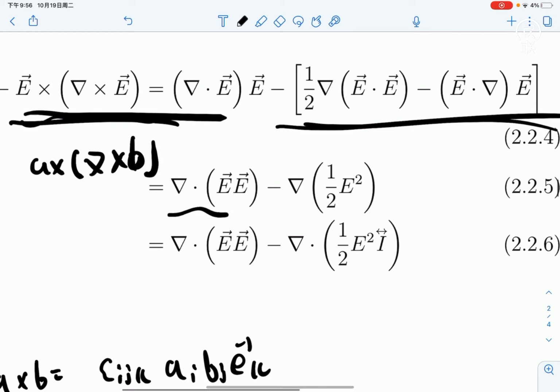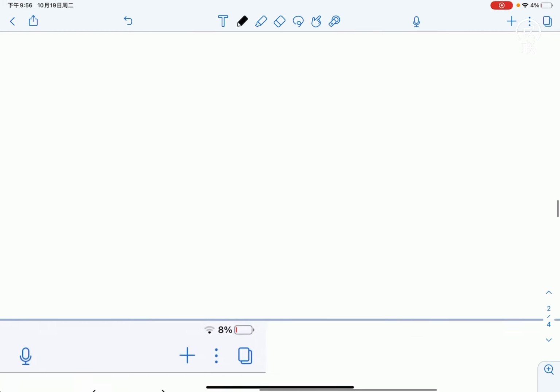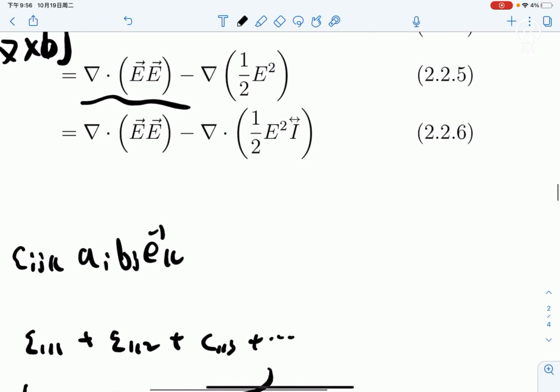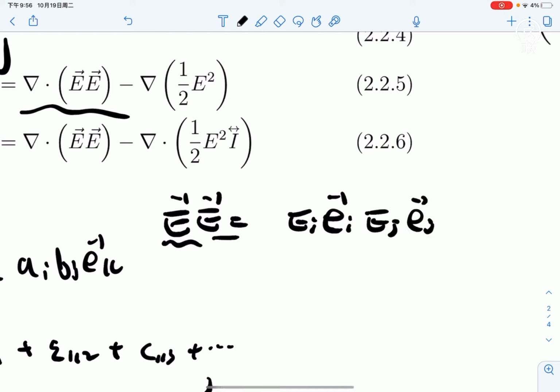And for this part, okay, wait a second, I need to teach you guys something first. For E, we can write it out as the first term, E_i, and the second term, E_j, with a summation over i, j from 1 to 3, which we just ignore.